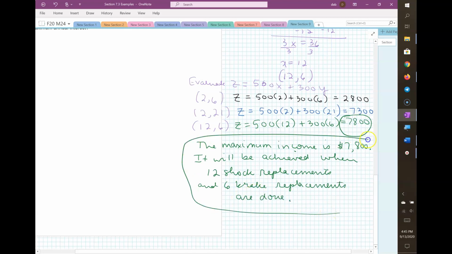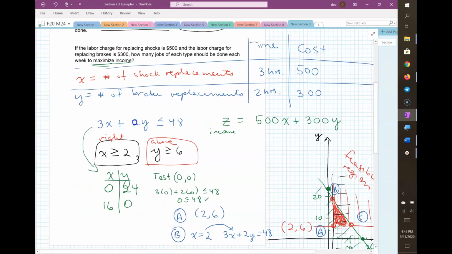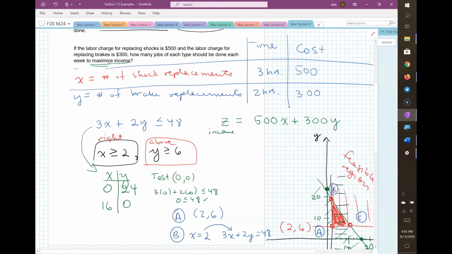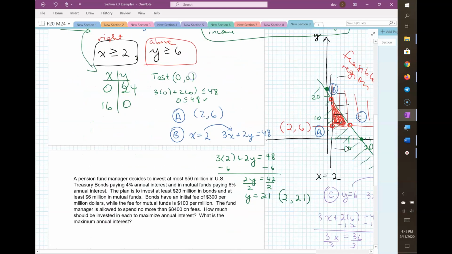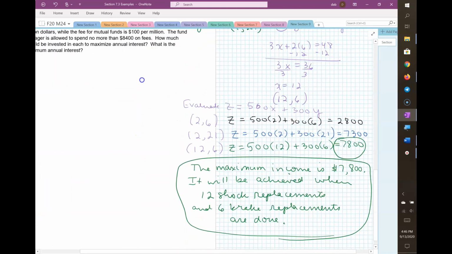So that's our final answer, and that's all the steps of a linear programming problem. So collect information, organize it, write your inequalities that describe your limitations, write your objective function, graph your feasible region, find your corner points, evaluate z at each corner point.